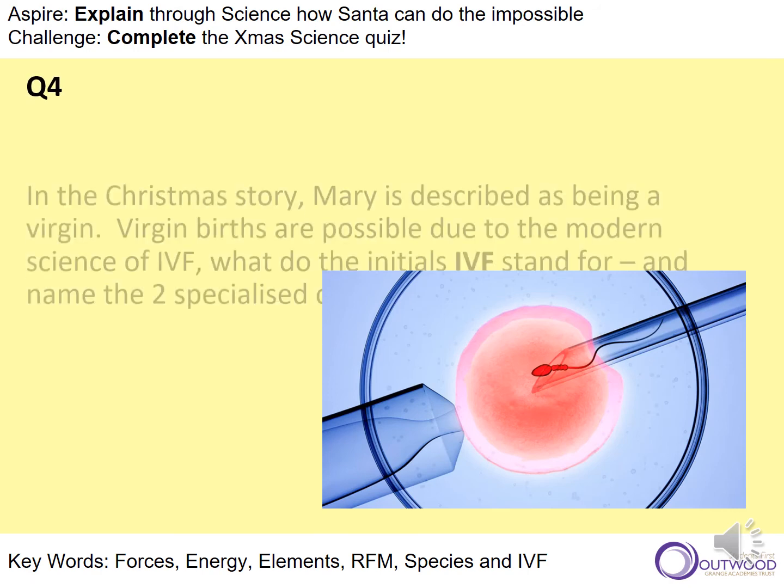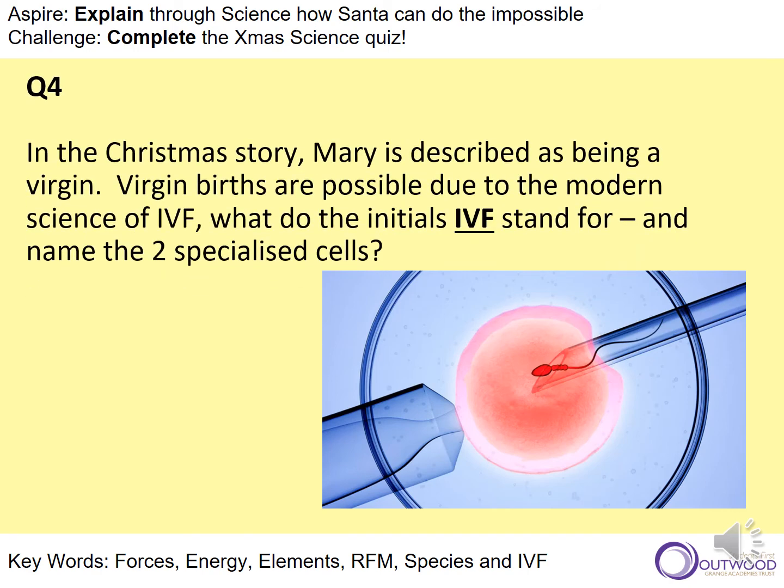Question number 4. In the Christmas story, Mary is described as being a virgin. Virgin births are possible due to the modern science of IVF. What do the initials IVF stand for? And name the 2 specialised cells. So, IVF stands for in vitro fertilisation.